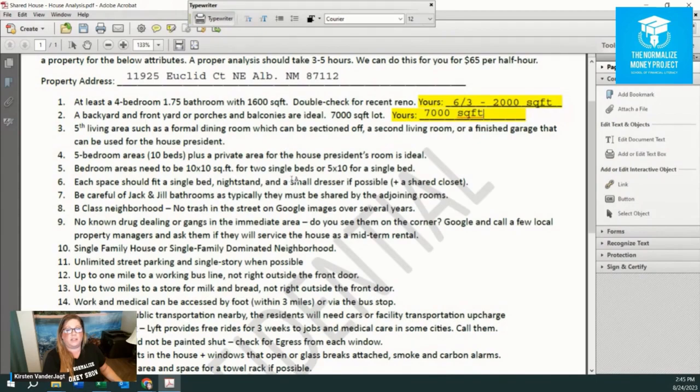So 5-bedroom areas, 10 beds, plus a private area for the house president's room is ideal. Bedroom areas need to be 10 by 10 square feet for 2 single beds, or 5 by 10 for a single bed. Each space inside of that should fit a single bed, a nightstand, and a smaller dresser if possible, plus a shared closet.